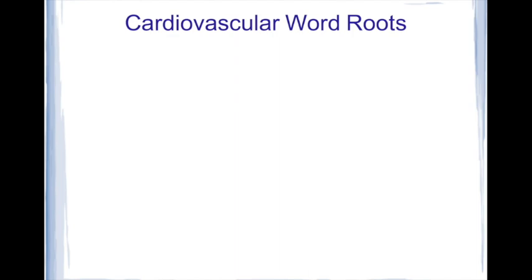One might have a Greek origin, one might have a Latin origin, and sometimes it's a combination of the two. So just be aware that that's why we might have something like nephro and reno mean the same thing, because they come from different languages, but they both mean kidney. Okay, so let's begin. We're going to start with cardiovascular word roots.